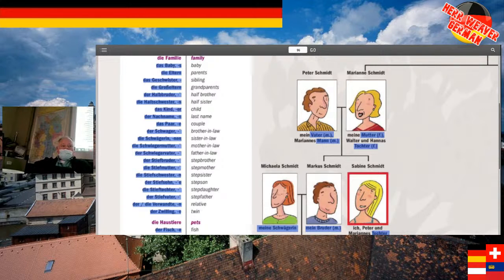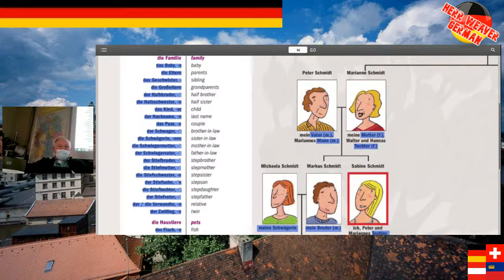Ja. Und ist Sabina Michaelas Tochter? Nein. Tell me what she is. Sabina is Michaela's sister-in-law.